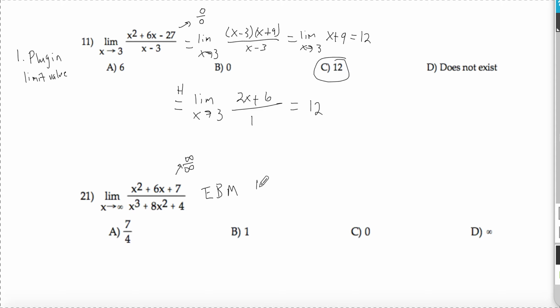And in this case, up top, x squared is going to outgrow everything else. And the denominator, x cubed, is going to outgrow everything else. And so we get that our end-behavior model kind of reduces down to following the same behavior as the function 1 over x, which has a limit of 0.